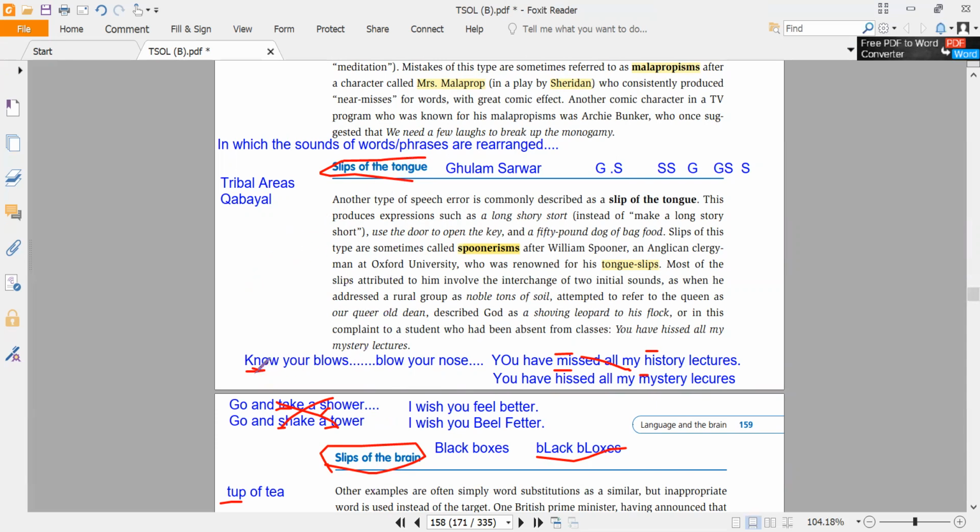Like if you look at no and blow, the n sound and b sound are there, and the number of syllables is the same, both are monosyllabic words. Such confusion may take place when there is similarity in the pronunciation of two words.